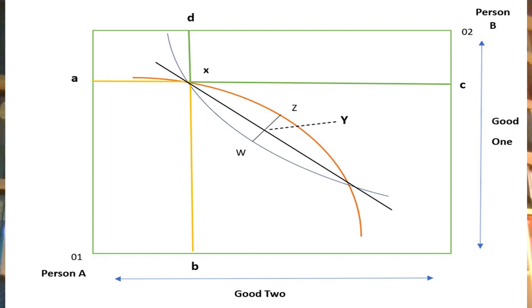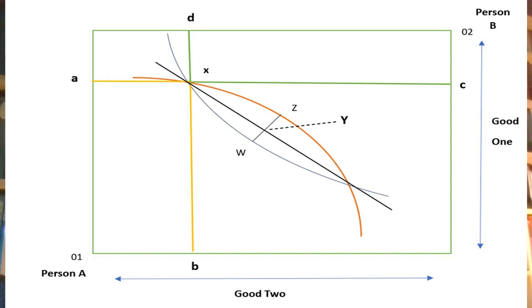Put simply, points located towards the top right-hand corner of the box are good for person A, since they will have large amounts of goods 1 and 2, but less good for person B, who will have less of both goods. Person B would rather have the combinations of goods located closer to the bottom left-hand corner, where they will have the larger share of the two goods.